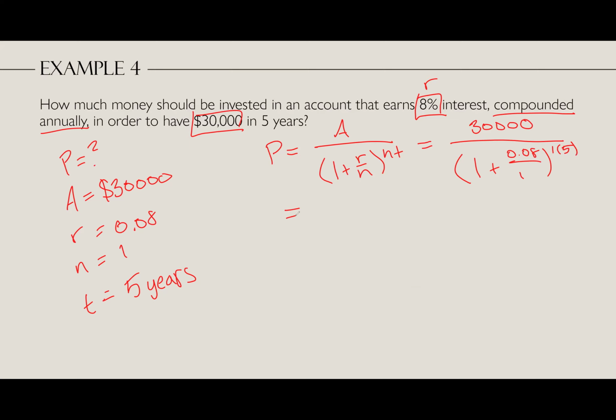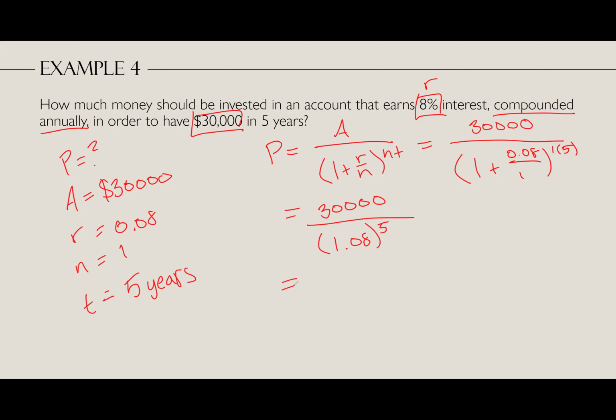So we definitely want to be careful as I'm going through this. For now, I'm going to leave the top alone, 30,000, and I'm going to try to clean this up one by one. 0.08 divided by 1 doesn't change anything. And then I can add 1 to give me 1.08 to the power of 5.